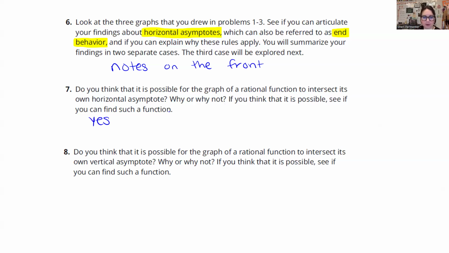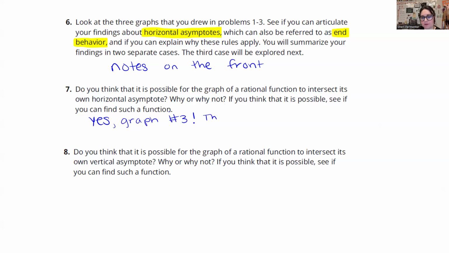Yes, graph number 3. But it is important to note that the only time it can happen is if your graph needs to get to the x-intercept. Okay, so this is really important. You can cross a horizontal asymptote if there is an x-intercept. That's the only time.